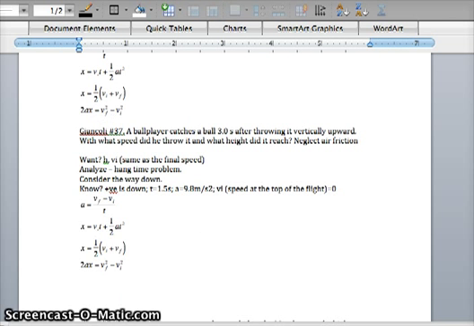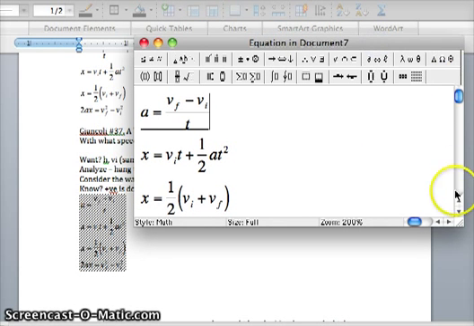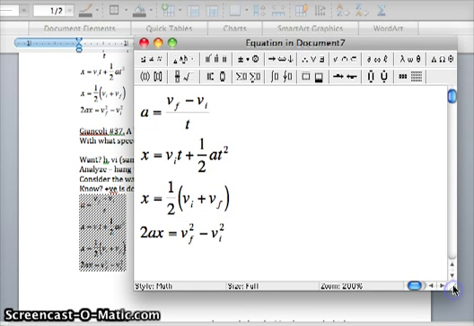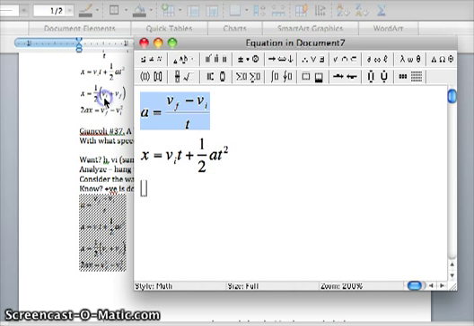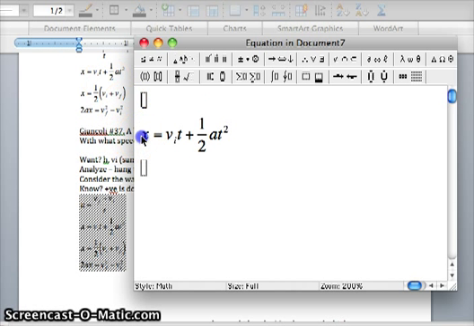Let's look at the maximum height first, and we'll pick the formula that we want to use. So I'm waiting for it to open up here. There it is. All right. If we want the maximum height, that's x, and we are going to use the information that we know, which is going to be this one.